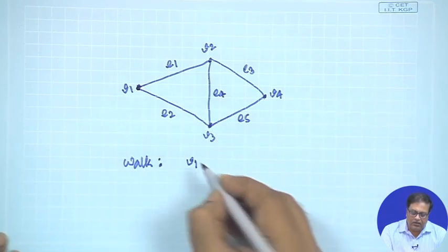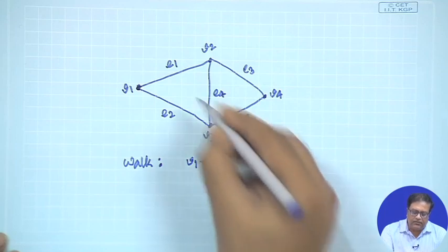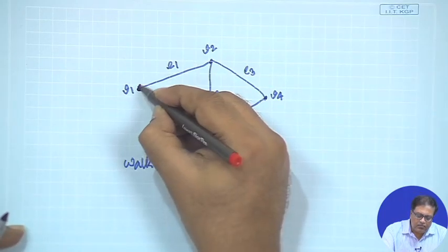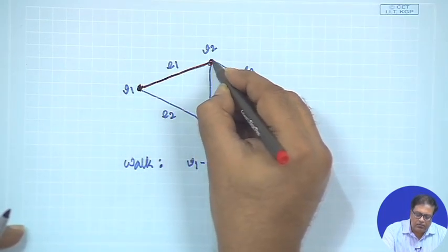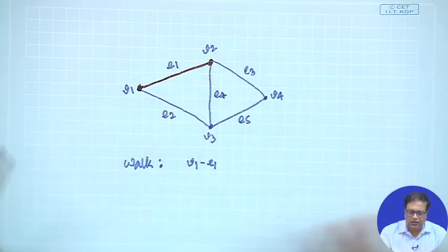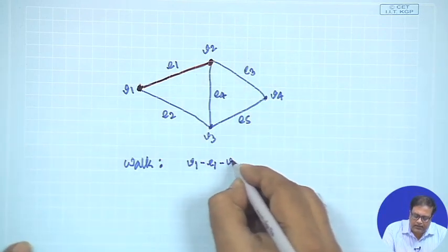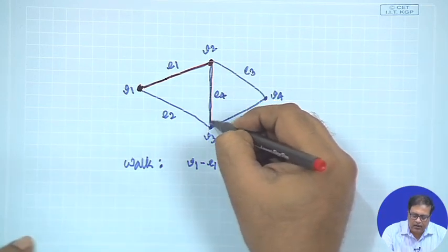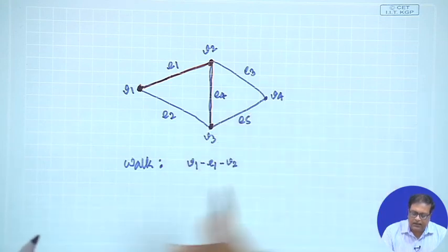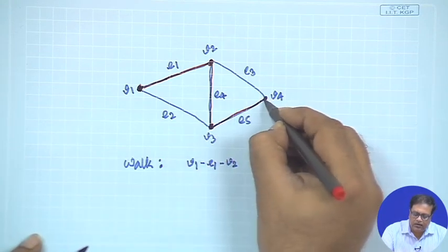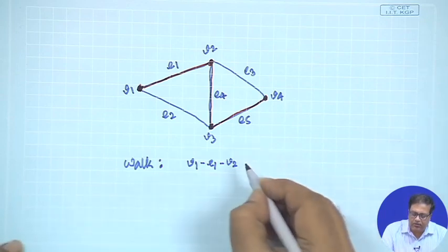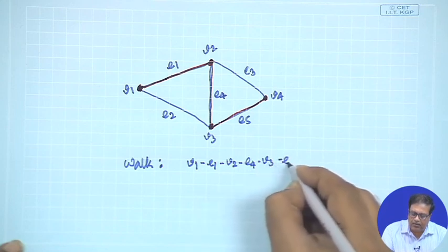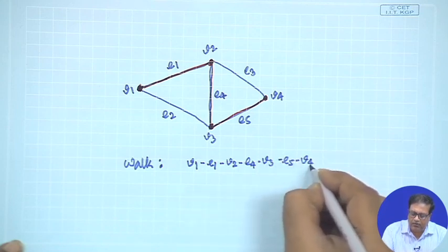So we start at V1, then take E1, and from V1 we go to V2. That is the first leg. Then we might come to another vertex V3, then we go to V4. So V2 to E4 to V3 to E5 to V4.